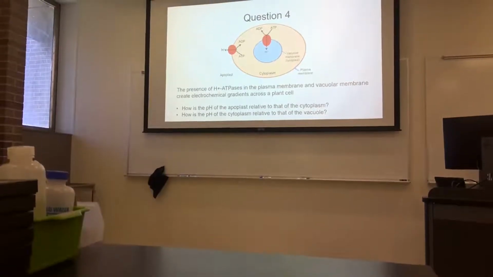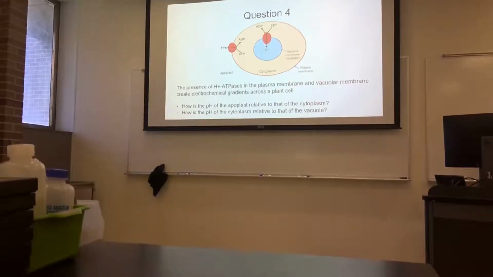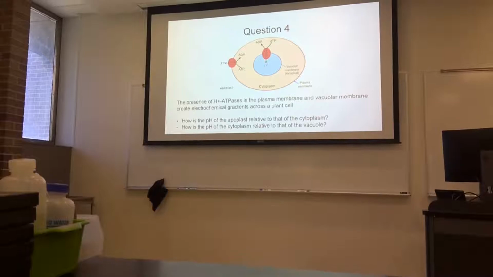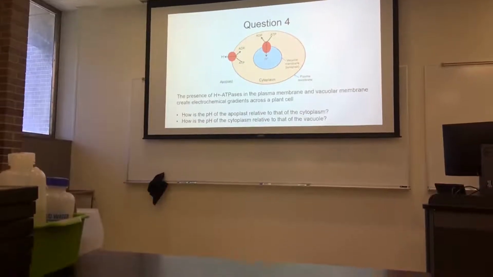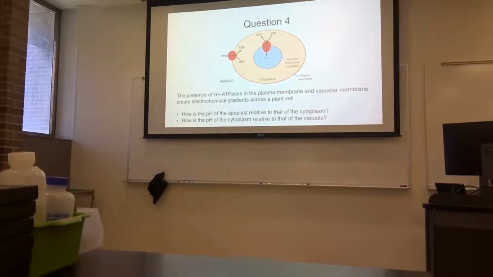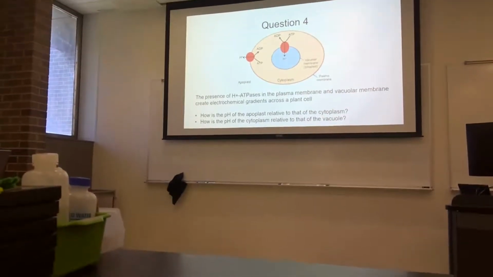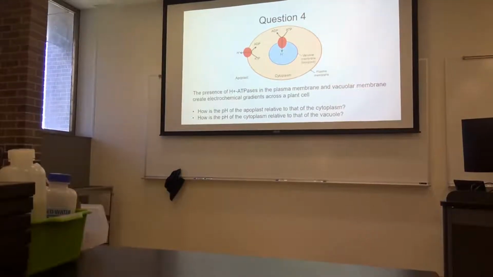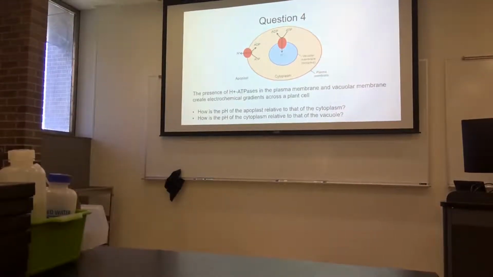So what does that tell you about the pH of the apoplast and the vacuole relative to the cytoplasm? Yes, they'd be more acidic.